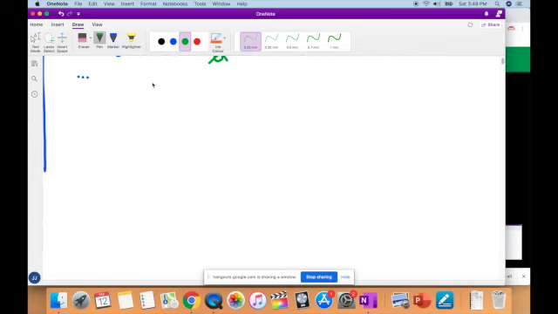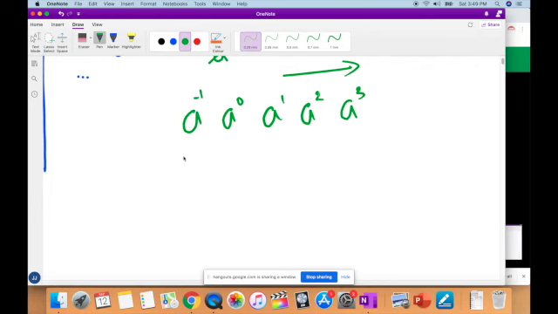We have a to the power of 0, a to the power of 1, a to the power of 2, a to the power of 3 on this side. And then on this side, a to the power of negative 1, which is 1 over a, a to the power of negative 2, which is 1 over a squared, a to the power of negative 3, which is 1 over a cubed, going down that side.